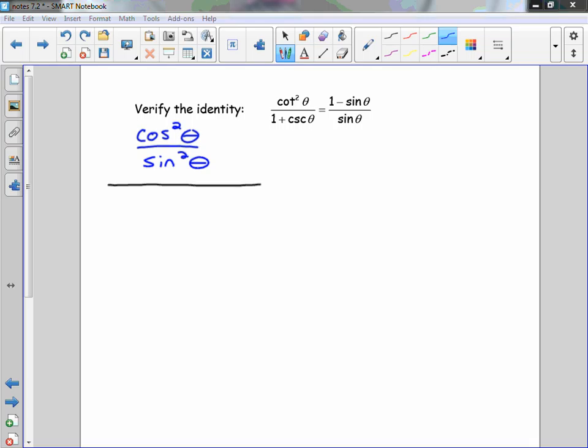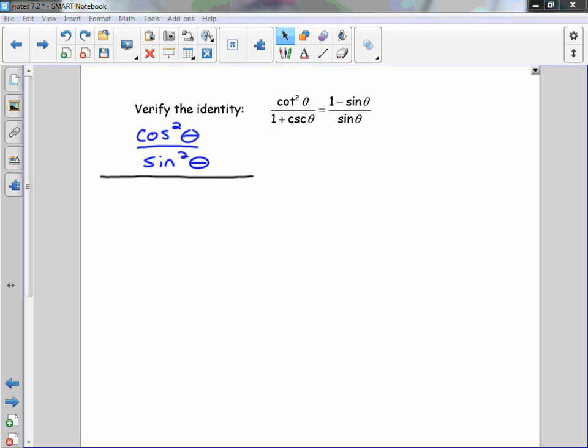So you'll have a fraction within your numerator, which isn't ideal, but something that we will have to learn how to deal with. And then in the denominator, we have 1 plus cosecant theta. All right. Again, we're going to try to rewrite that in terms of sine, so that would become 1 plus 1 over sine theta. All right. Any questions there?